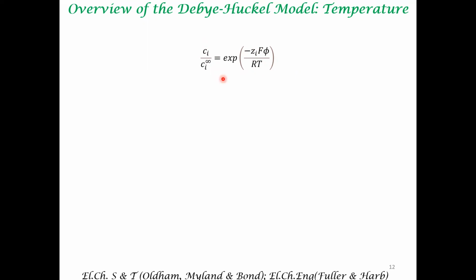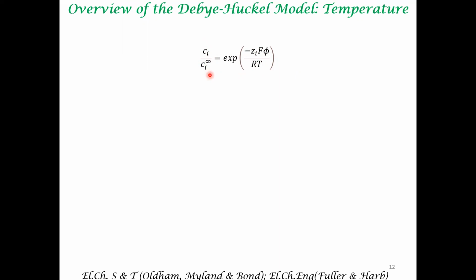But let's get a feel for this. If phi i is 0, then the concentration at that particular point will be the same as the concentration at infinity. That also makes sense.